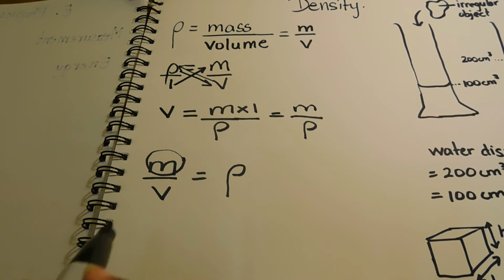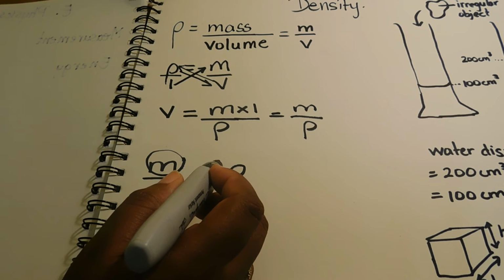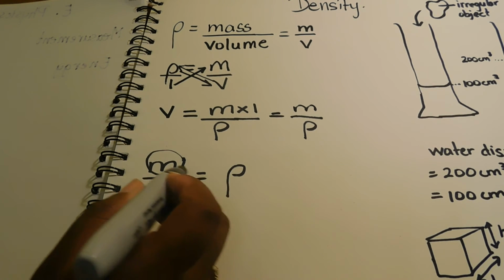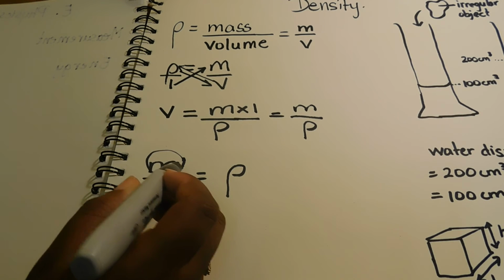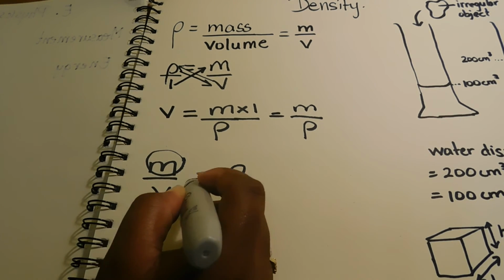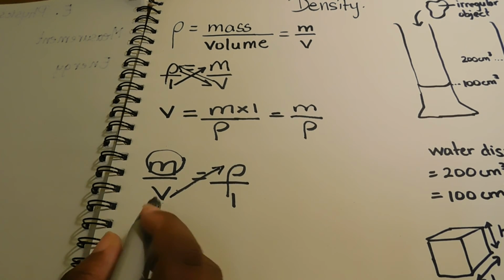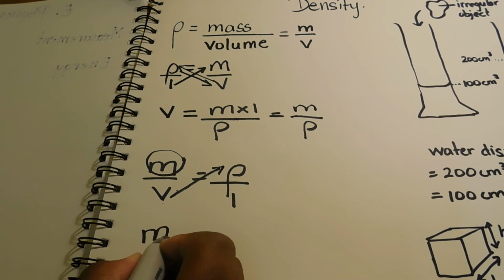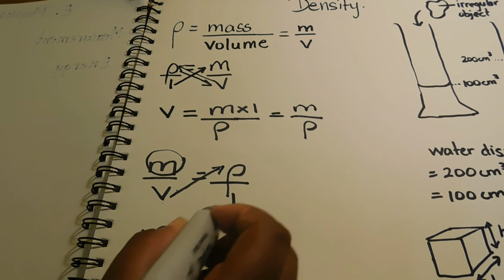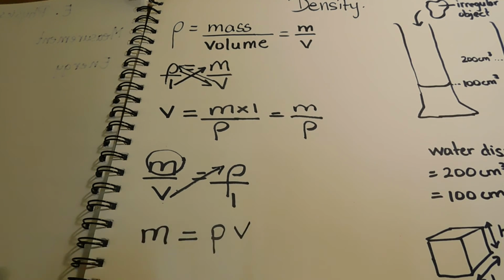Anything in the denominator, you move diagonally and up. So since we have v in the denominator, we move it up. Anything by itself is always over 1. So therefore, mass will be equal to rho times v.